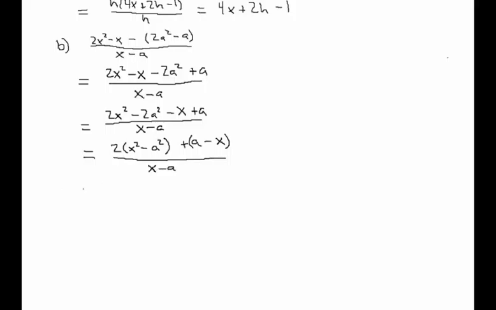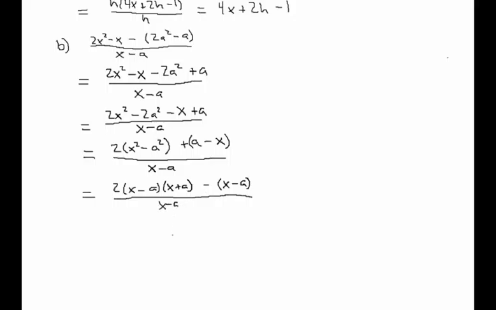And now in this parentheses we have x squared minus a squared, which we could rewrite as 2 times x minus a times x plus a. And now instead of having plus a minus x, I'm going to write that as minus x minus a, all divided by x minus a.